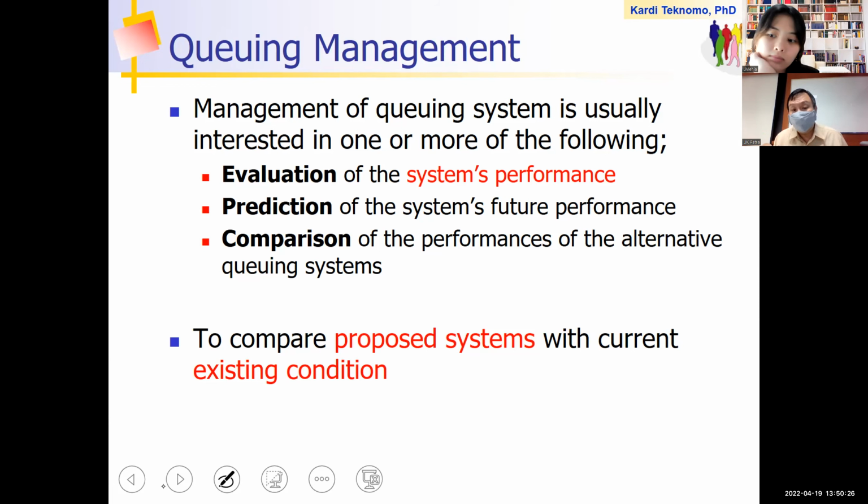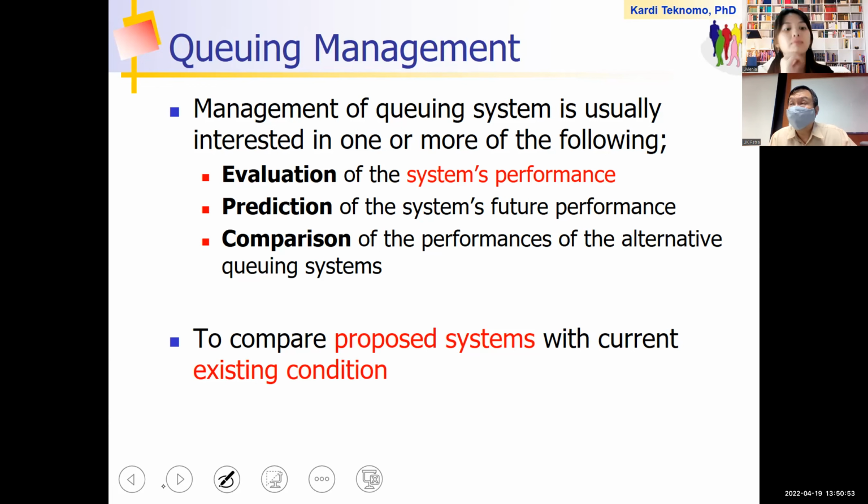Second, you want to predict the future performance of your system. And the third one is you want to compare the performance of your current system with the alternative, right? So you want to compare your proposed system with the current existing system that you have.